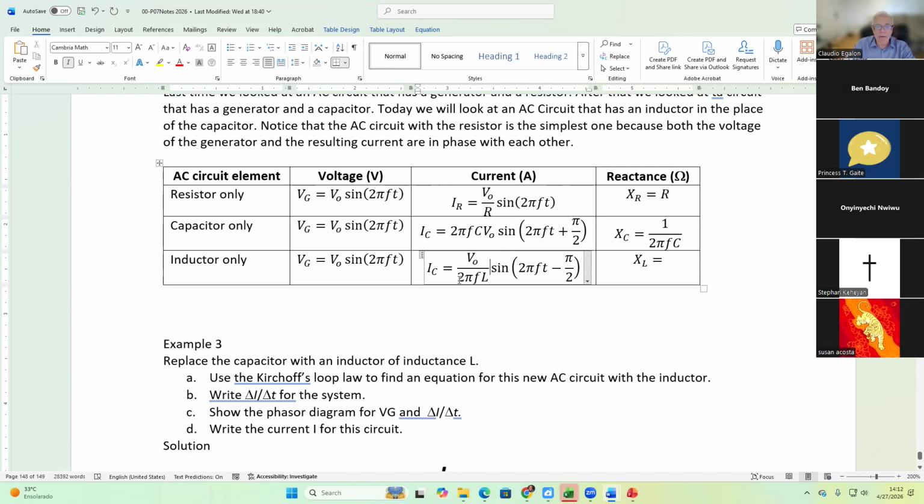And the inductive reactance term is going to be like that, depending on the frequency of the circuit. They all have units of resistance. Okay, RLC.